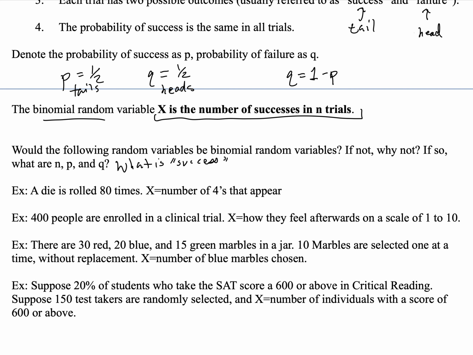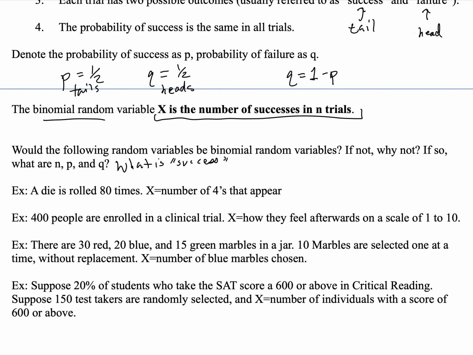So first example, a die is rolled 80 times. Let X be the number of 4s that appear. Second example, 400 people are enrolled in a clinical trial. X is how they feel afterwards on a scale of 1 to 10. Third example, there are 30 red, 20 blue, and 15 green marbles in a jar. Marbles are selected one at a time without replacement.